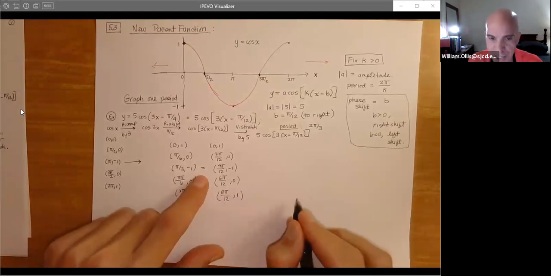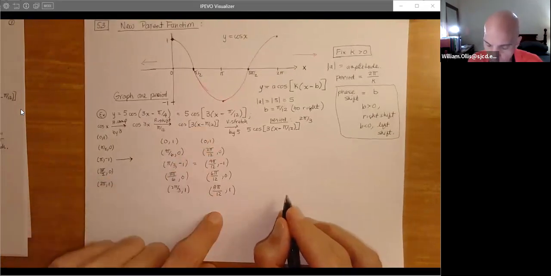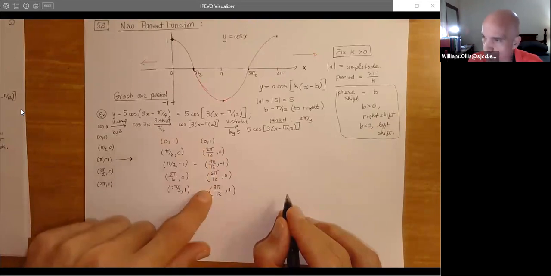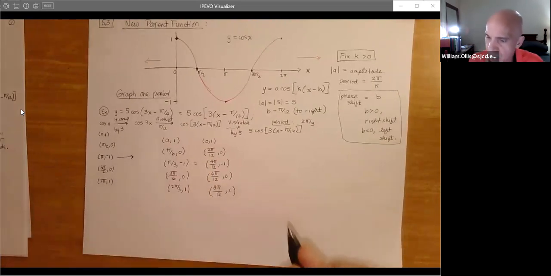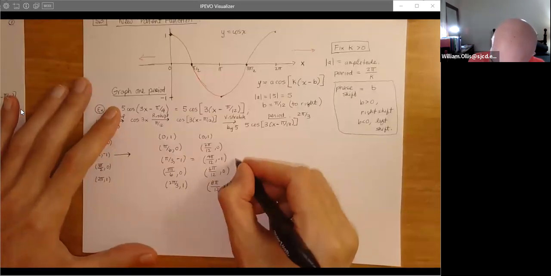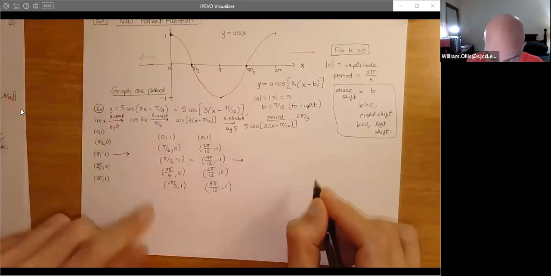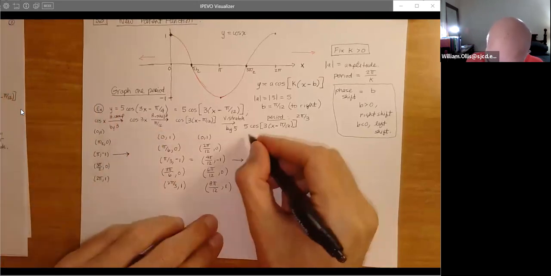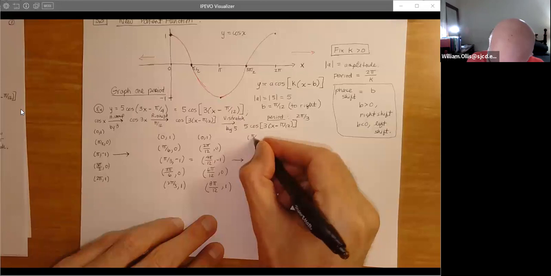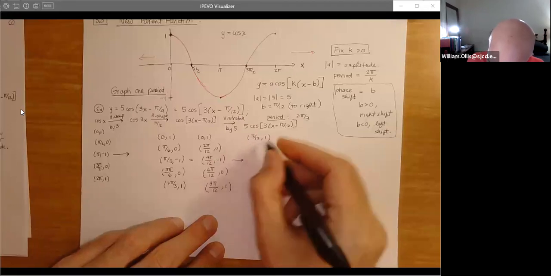So this is a little side calculation so that when you do the shift here, you've got the correct denominators. Just a little added detail that I've started incorporating to make the arithmetic easier. No need to struggle. And so now right shift by pi over 12. So we get pi over 12, 1.